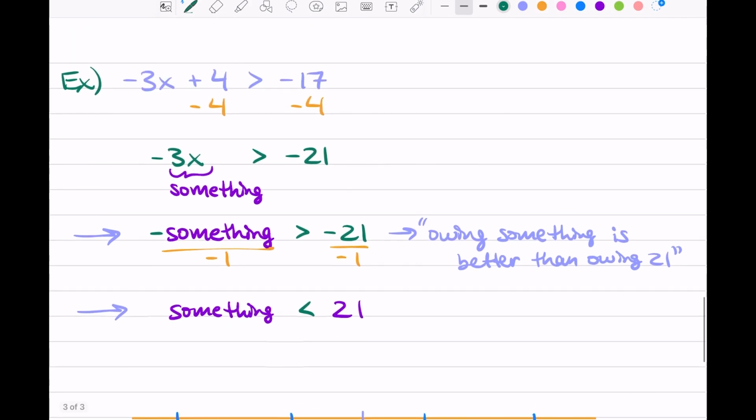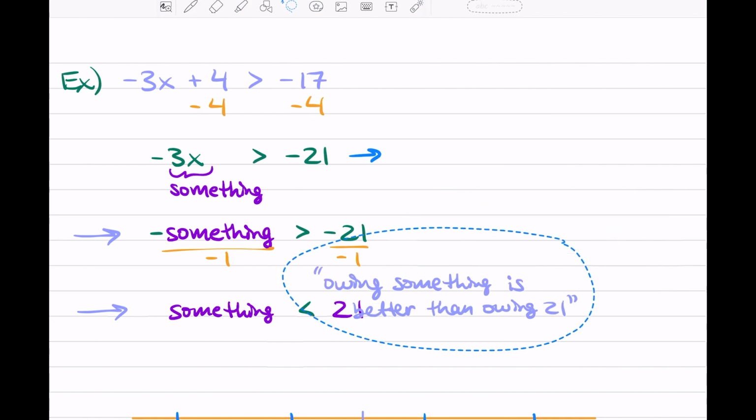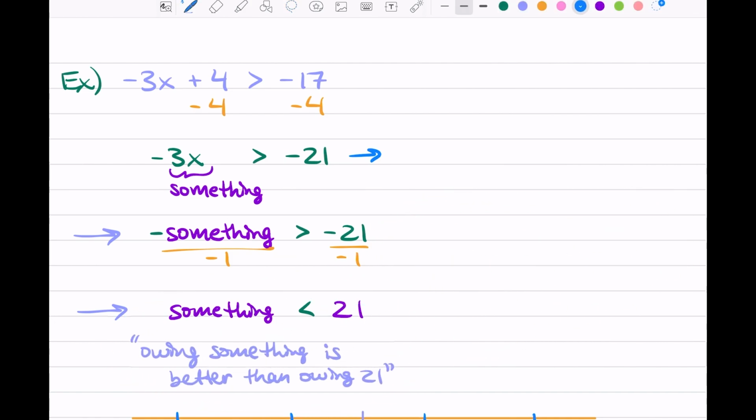So let's go back to our original equation. I'm going to get this out of the way. All right. Okay, so we have negative 3x is greater than negative 21. We want to get x by itself, so we divide by negative 3.